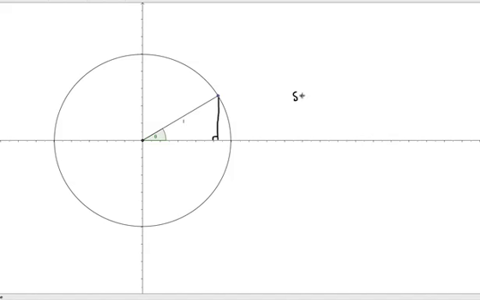We then use our SOHCAHTOA. Let's see what happens. The sine of theta is this distance divided by 1. Now, that's the y coordinate of this point. So the y coordinate divided by 1. Any number divided by 1, the number stays the same. So basically, this is now going to be the sine of theta. Let's check it.